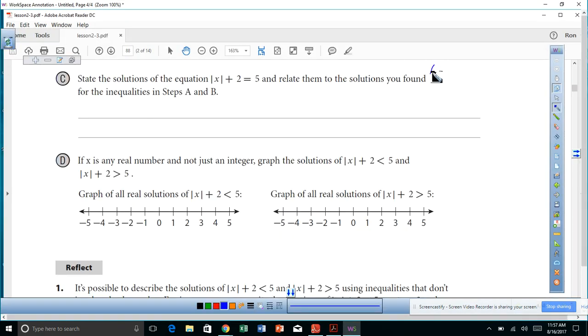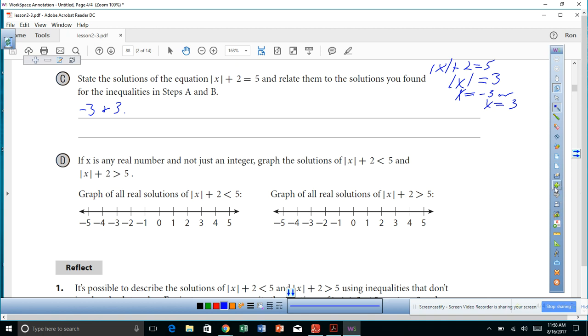The absolute value of x plus 2 equals 5. So x plus 2 equals 5 or -5. Subtracting 2, x will equal 3, or x will equal -7. Wait, we subtract 2 from both sides and we get 3. So x will equal -3, or x will equal 3. So the solutions are -3 and 3.